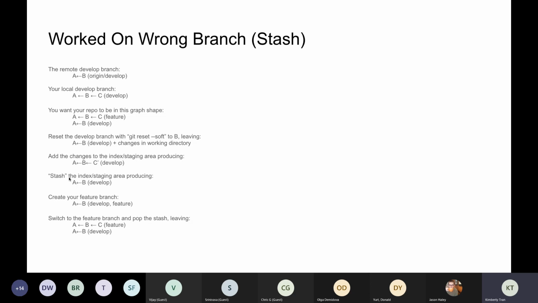Okay, so once you stash C prime here, your develop branch is back to exactly what you were looking for. And now you can just create your feature branch. And you can pop from the stash, leaving C. Now you pop and then commit it, and now you have A, B, and C, which is your feature branch, and A, B is back to develop, which is exactly the shape that you were desiring, right?